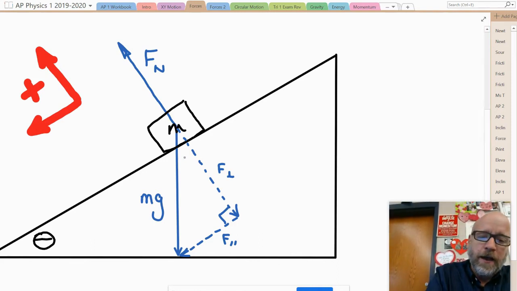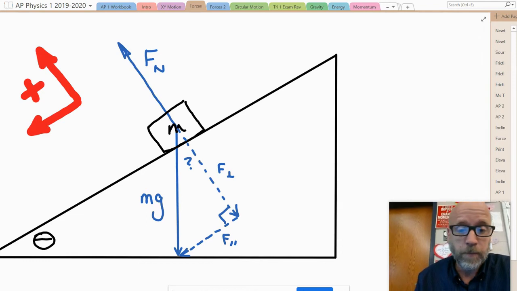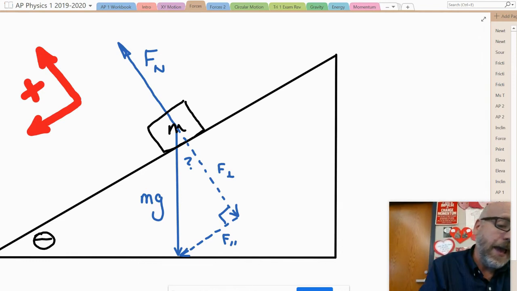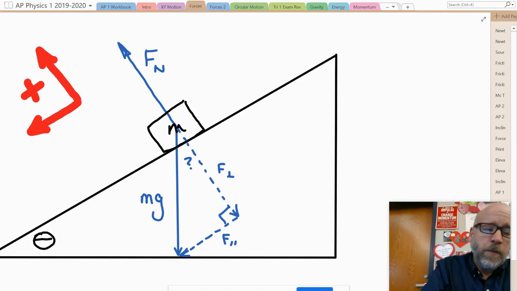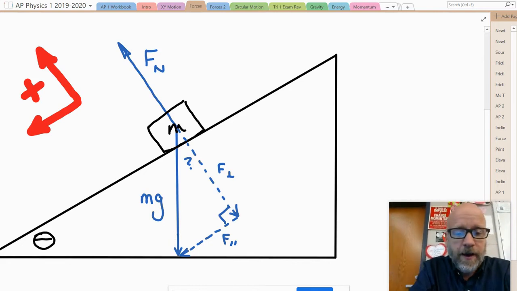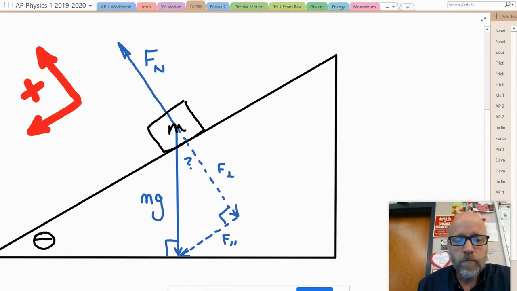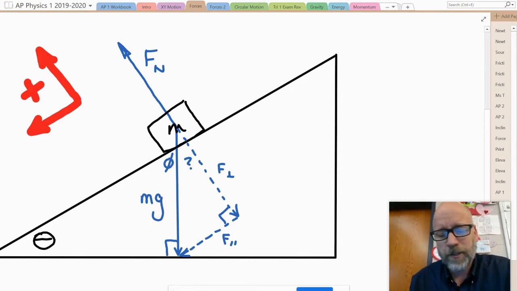What angle do I have here? Because what I want to be able to do is to solve for the F parallel and the F perpendicular with respect to the angle of the incline and that weight mg. So if this is my angle theta, and mg by definition always acts straight down, then that is going to be a right angle. If that's going to be a right angle, I'm going to let this angle be phi. It's just another Greek letter.